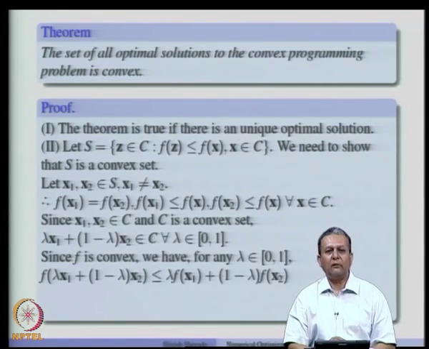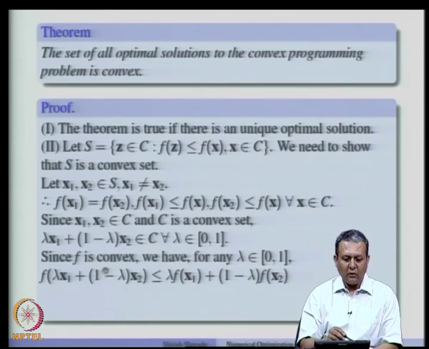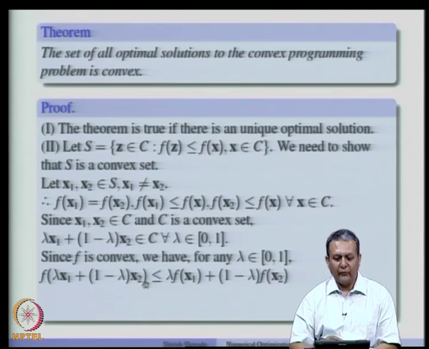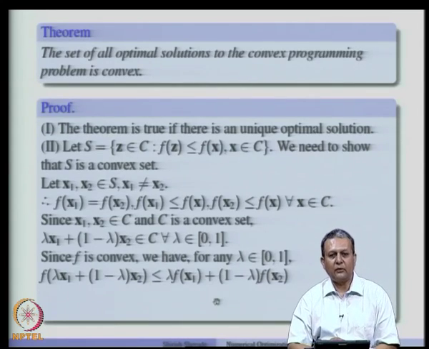Now, we can use the convexity of the function. How do we use it? Since f is convex, we can write f of lambda x1 plus (1 minus lambda) x2 to be less than or equal to lambda f(x1) plus (1 minus lambda) f(x2). This is by the definition of convexity of a function.